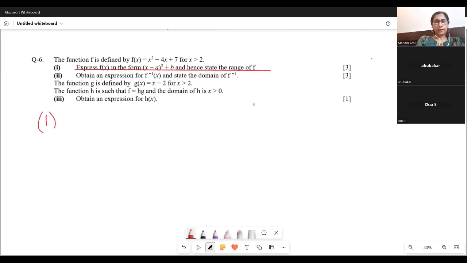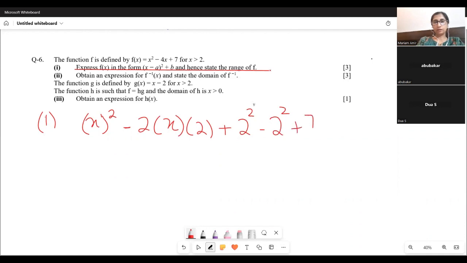So a square minus 2a, sorry, a is x and b is going to be 2 as well because we need 4x, and then plus 2 square, and to undo that we'll also have to do minus 2 square and then plus 7.